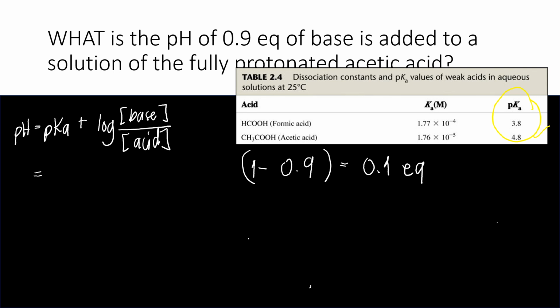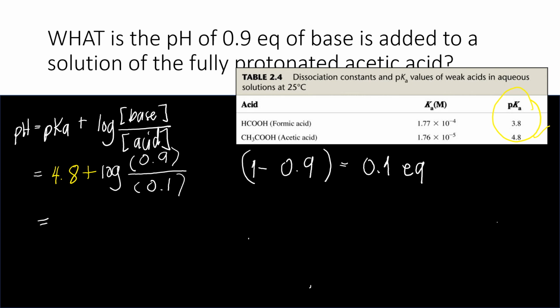So pKa is 4.8 plus log of base, which is given as 0.9, and we've computed the acid, which is 0.1, because 0.9 is converted by the base above.